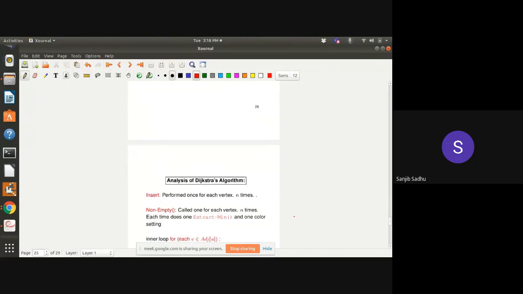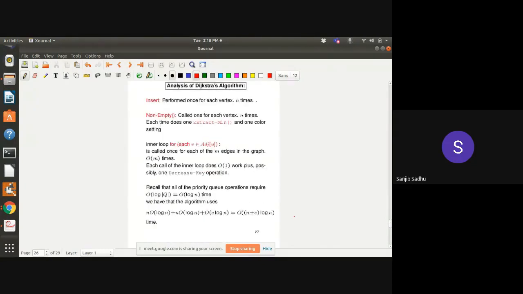You are checking non-empty, called once for each vertex. Extract minimum.